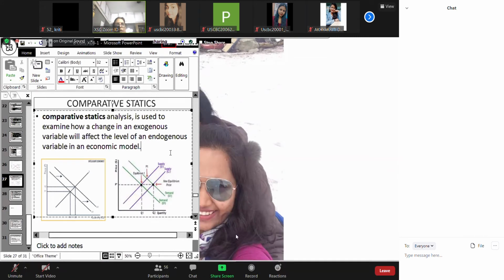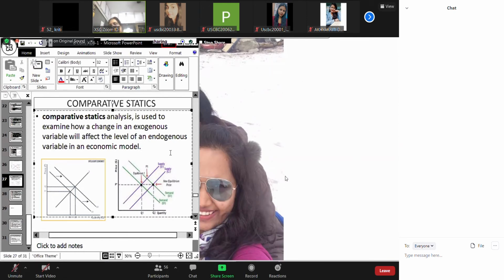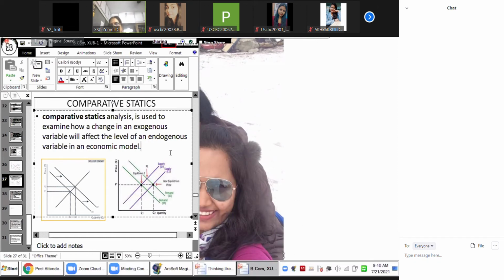Okay. So under comparative static analysis, we see how the change in the exogenous variable impacts the value of the endogenous variable.